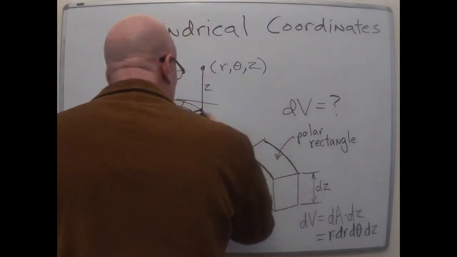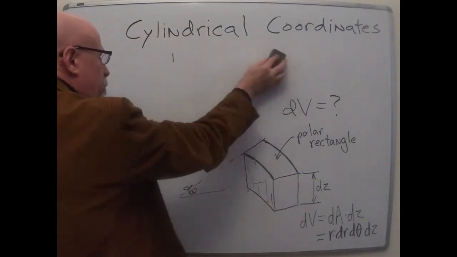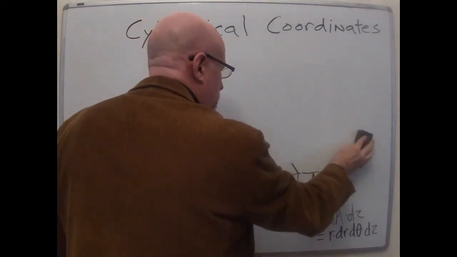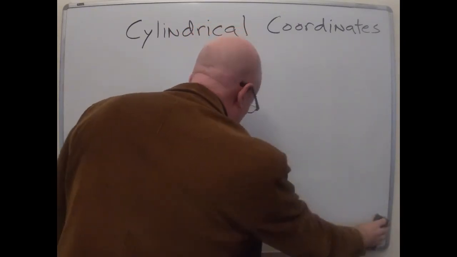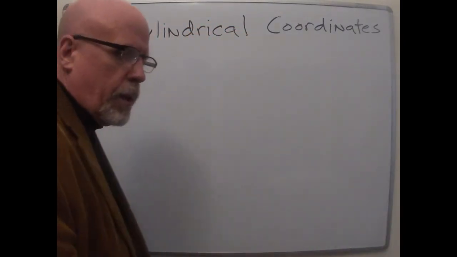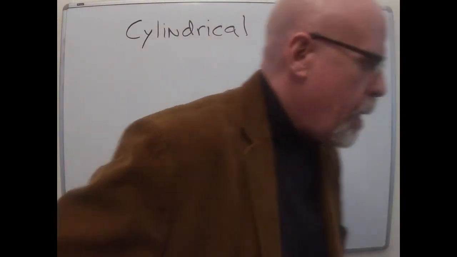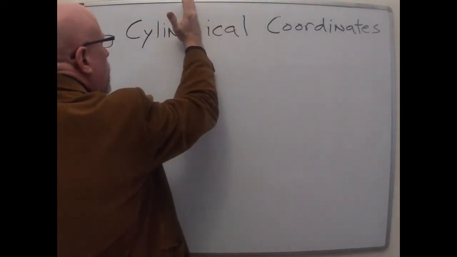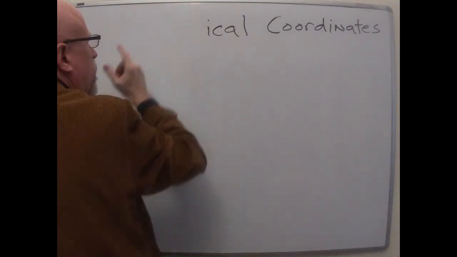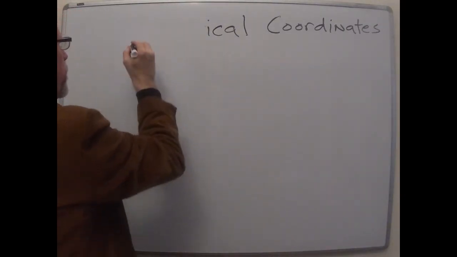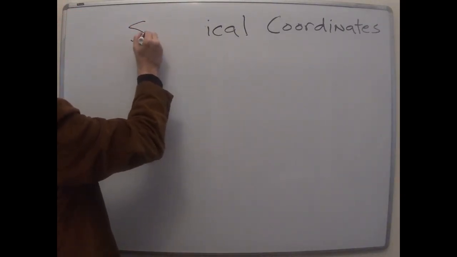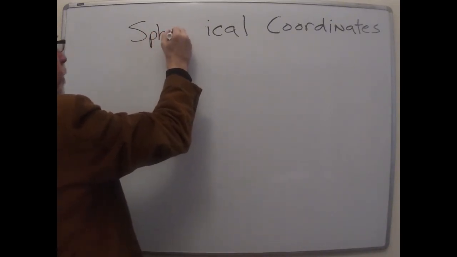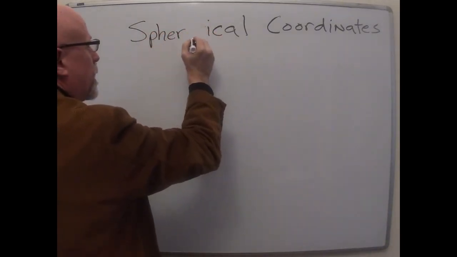Spherical coordinates, well, actually, the one place where I think people are pretty used to spherical coordinates is the surface of the Earth. The only problem with the surface of the Earth is you pretty much are stuck on the surface, so your r isn't changing.